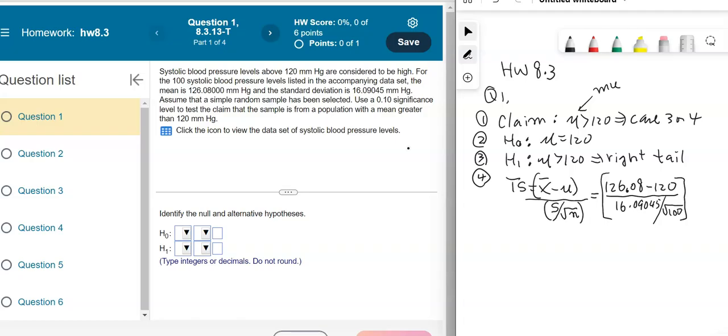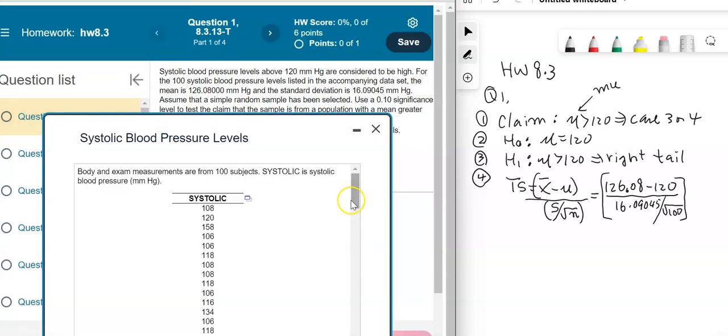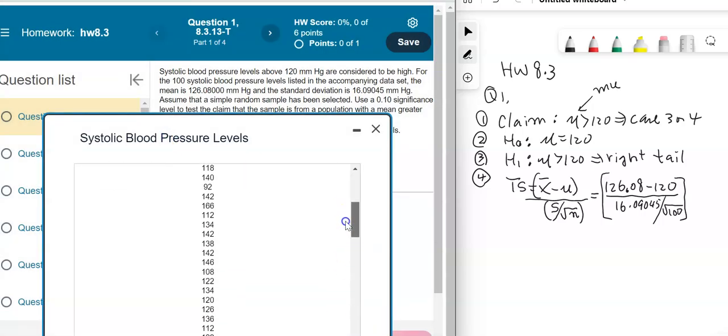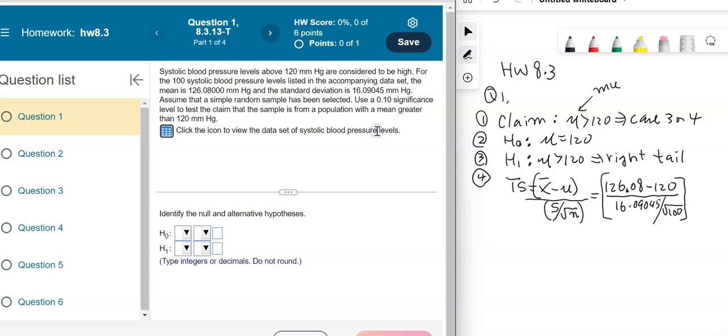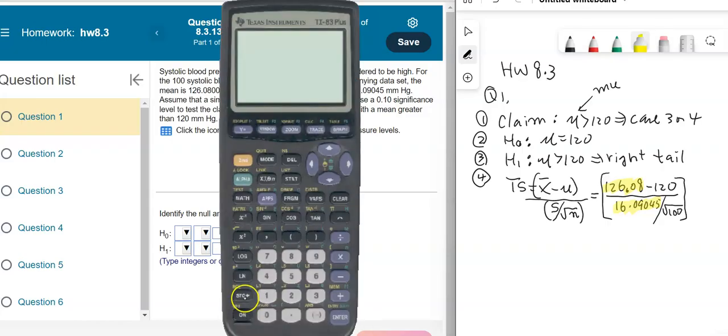Here. Okay? So now, this is the data if you want to look at it. So mean of that is this. Standard deviation is this. Okay? So now, if you calculate this one, I'm going to use this calculator.